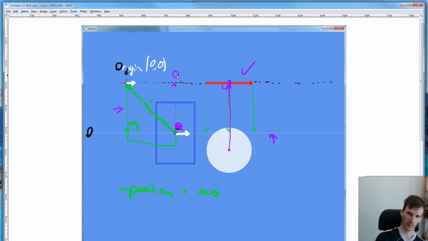Yeah, but sorry, I'm lost because we're not talking about rectangles right now. I guess the rectangle's there, so I have to consider it. But we're not projecting the rectangle. If we were projecting the rectangle, we'd be doing the points of the rectangle. This is an axis that's derived from the rectangle.